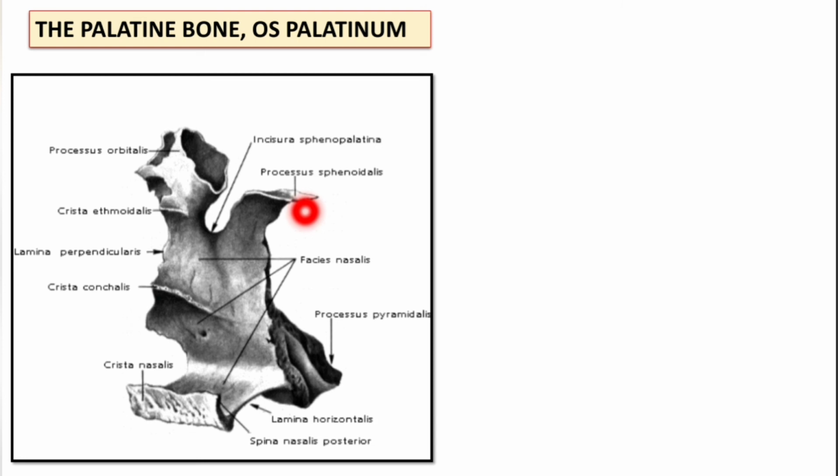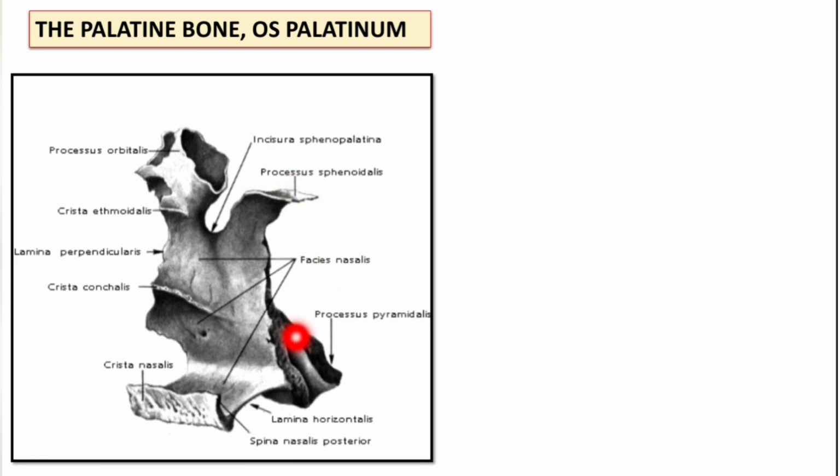The body of the sphenoid will lodge here, forming a foramen. At the moment, it's a notch, incisura sphenopalatina, the sphenopalatine notch. But if the body is here, it will become a foramen, the sphenopalatine foramen. And that's the two processes, orbital and sphenoidal.